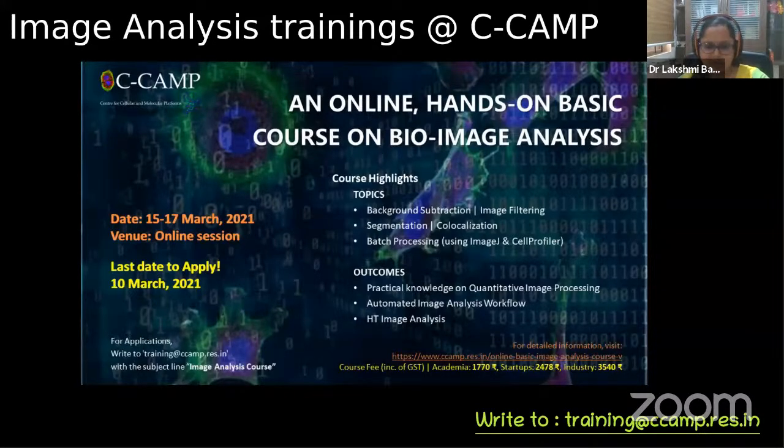In the basic course, what I highlight more is the very basic concepts of images: once you have the images from the microscope, a little bit of how those digital images are generated, what an image is, and how you will analyze it right from opening the image. So you don't need any background knowledge.